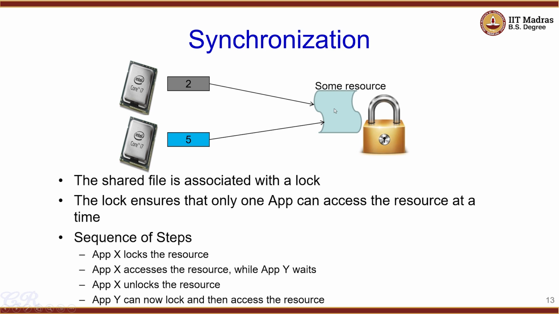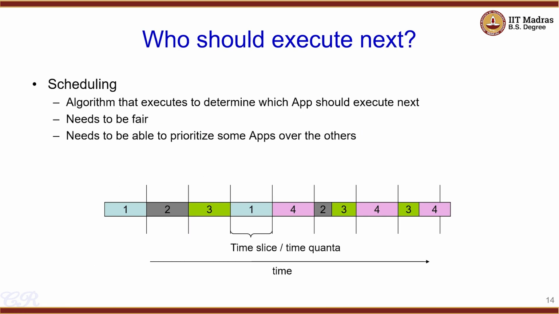Another important aspect in operating systems is what we call scheduling. We've seen examples of this in the past in the context of time multitasking. Here the idea is the operating system needs to find an efficient way to schedule various applications on the CPU.